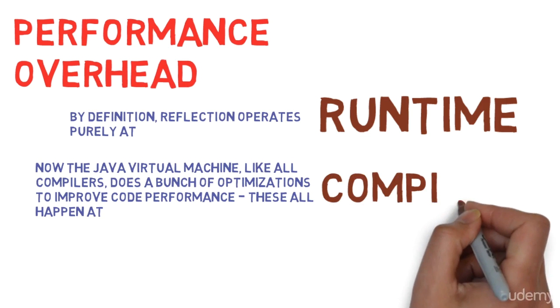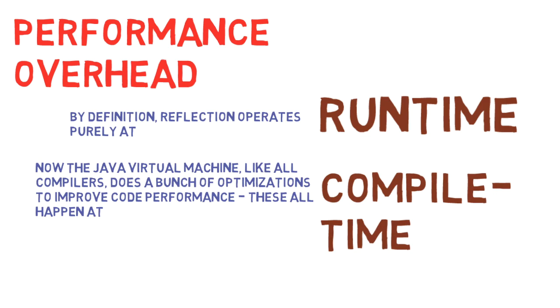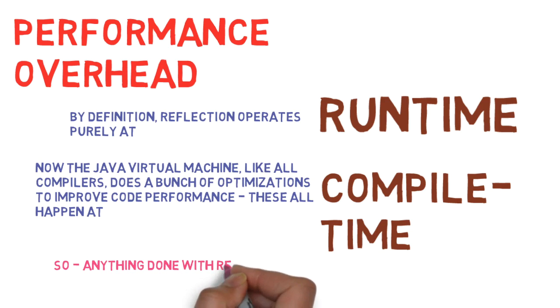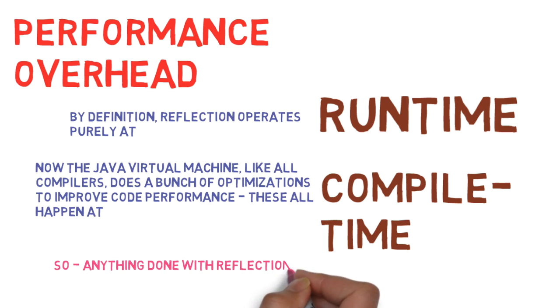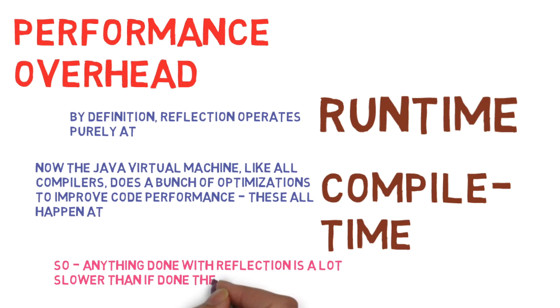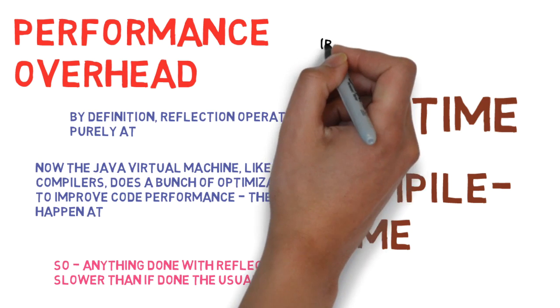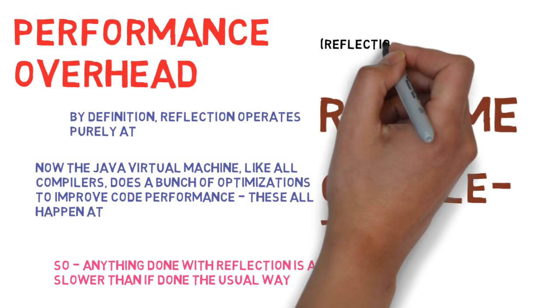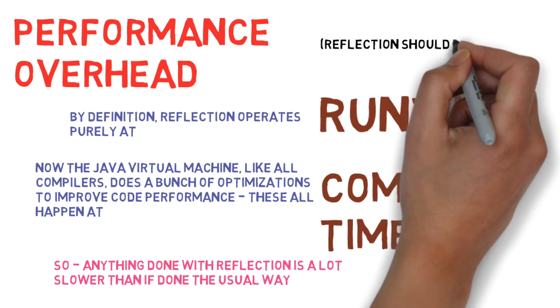So this whole bunch of compile time optimizations, which are done by the Java virtual machine, is not available for reflection. So anything that uses reflection is a lot slower than if done the usual way. The whole idea of casting an object, these little bits of incremental code add to performance overhead.